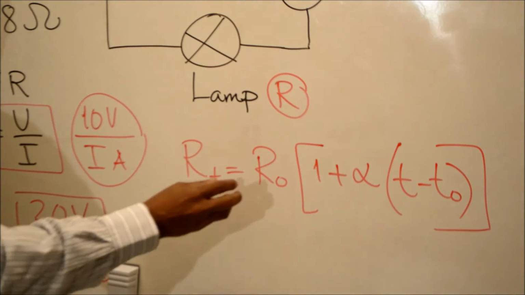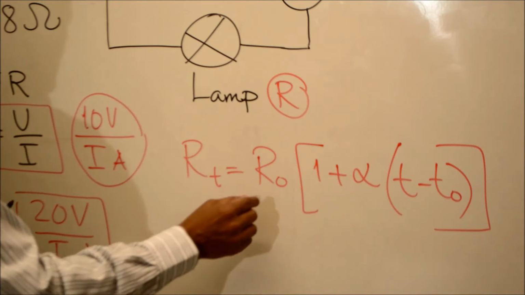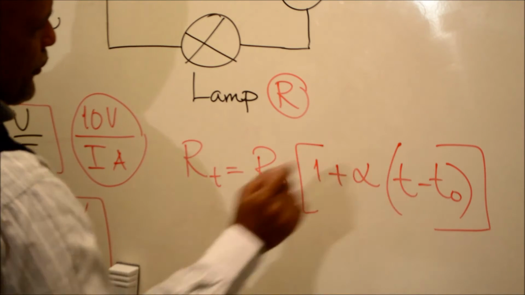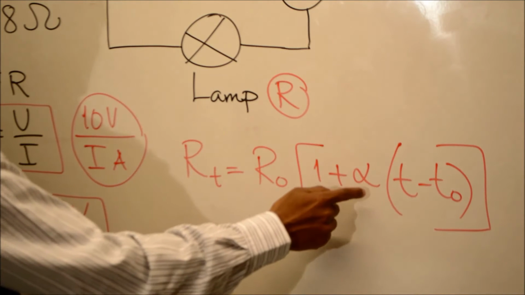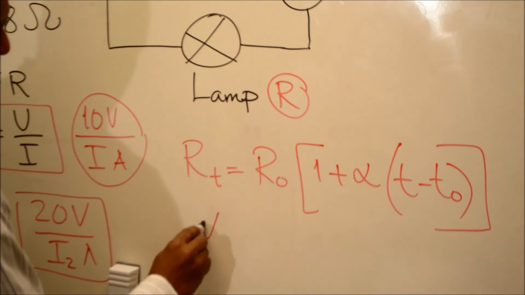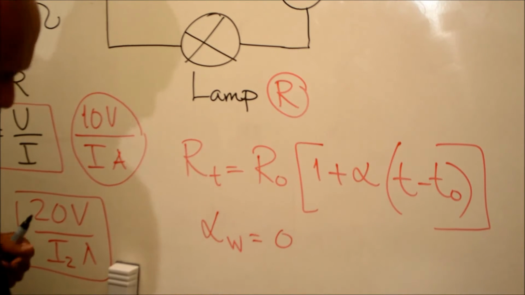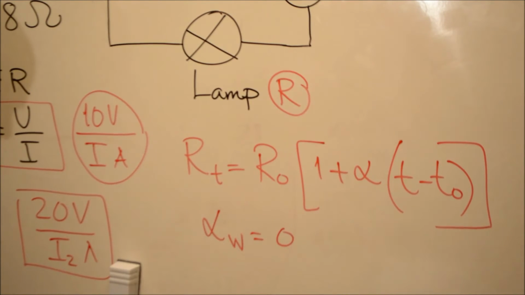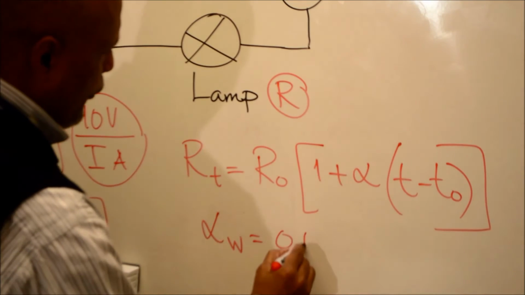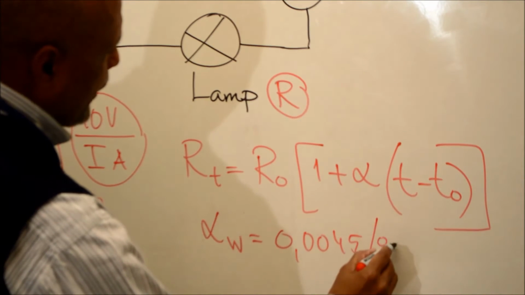So R0 is the resistance of the lamp at temperature T0. And for wolfram, alpha is equal to 0.0045 per degree Celsius.